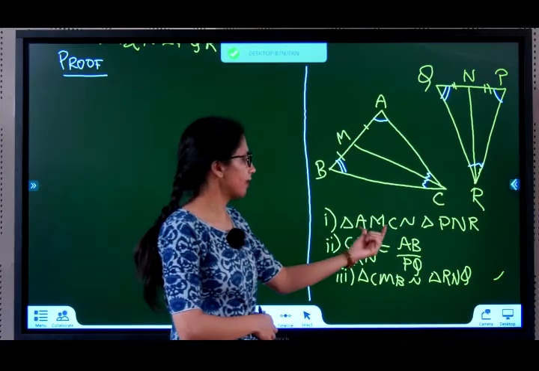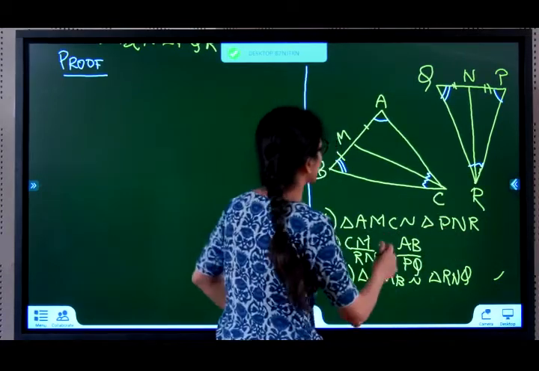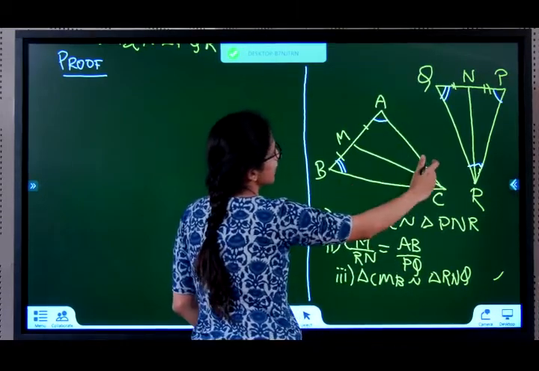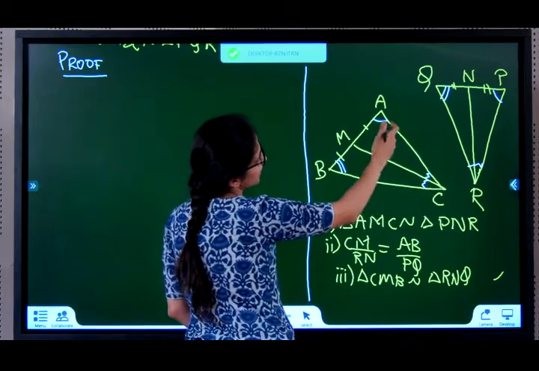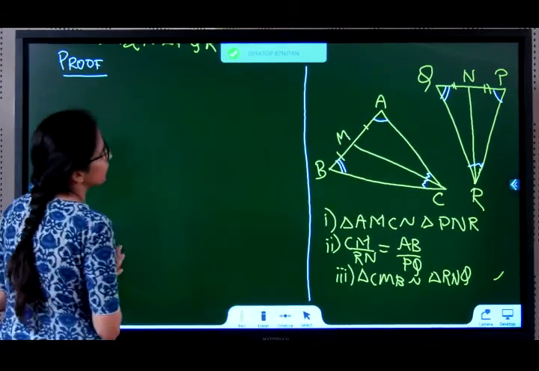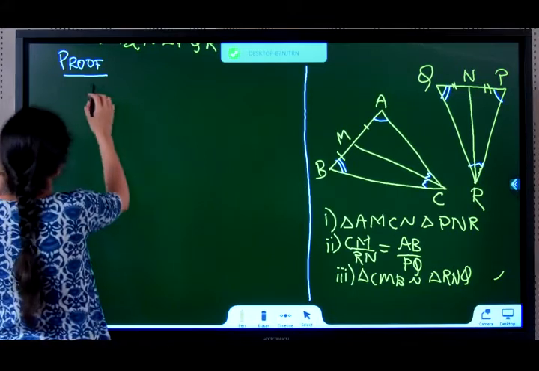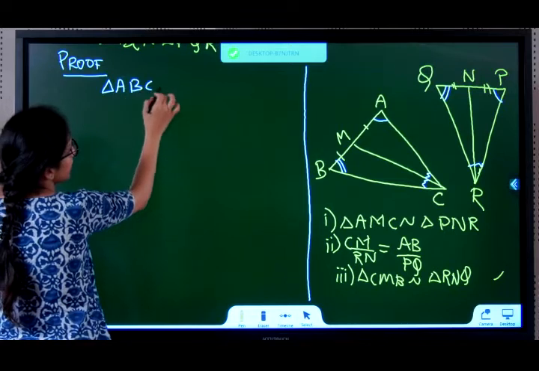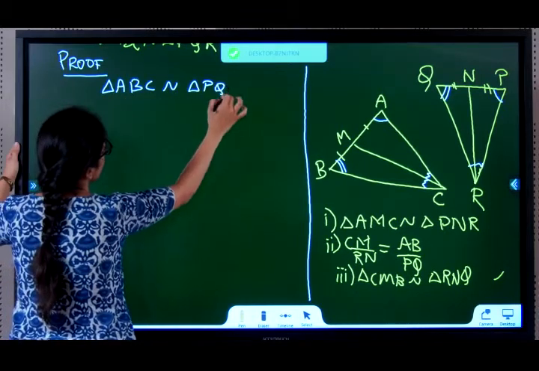Now, if you observe AMC and PNR, in AMC and PNR, from ABC who's there? AC is there? Yes. And who else is there? AB's half is there. So, understand what I'm trying to do over here. It is given that triangle ABC is similar to triangle PQR.